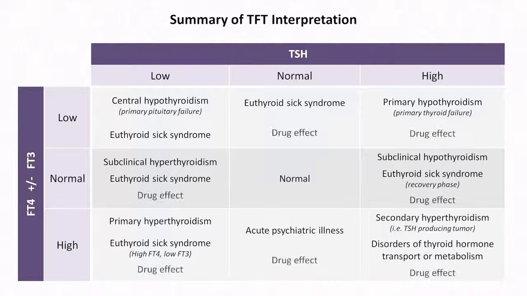And various drugs, most notably amiodarone, can cause almost any pattern of TFT abnormalities. So as you can see, interpretation of TFTs can become far more complicated if a patient's results don't fall neatly into one of the 4 classic patterns previously shown.